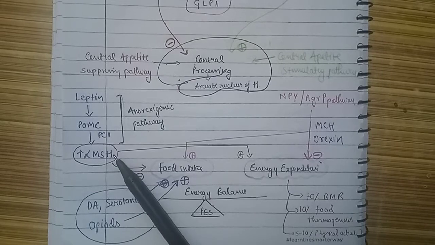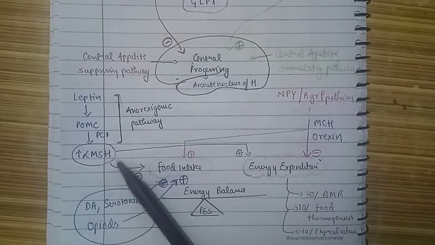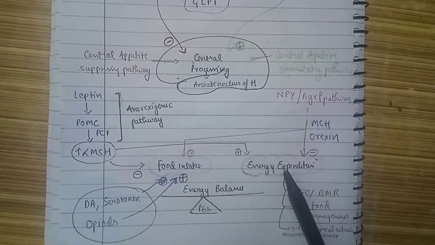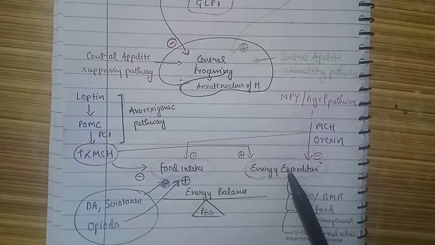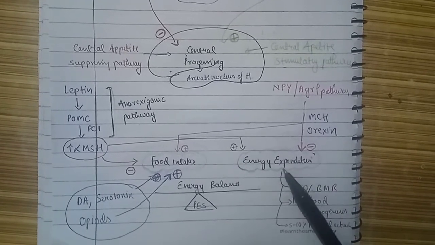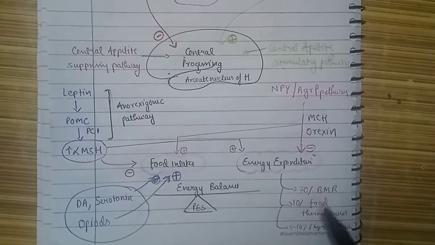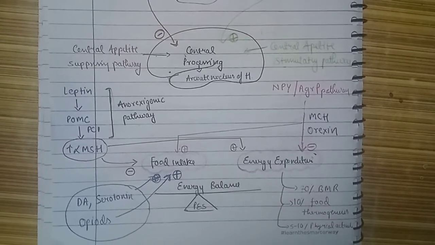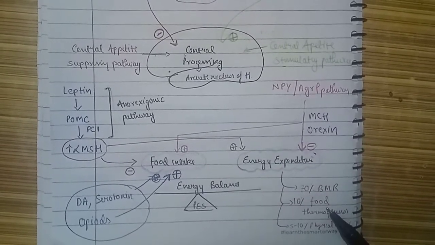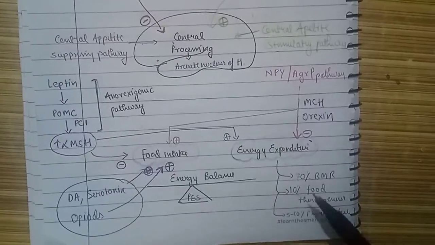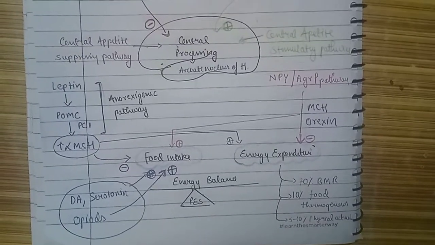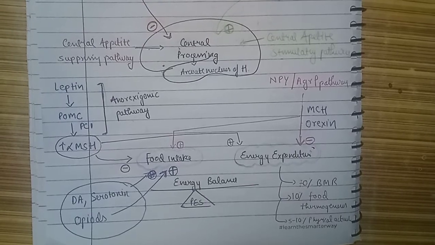The melanocyte stimulating hormone suppresses the food intake, plus it increases the energy expenditure. Okay, now energy expenditure is in three forms. The 70% of energy is consumed in maintaining the basal metabolic rate, the 10% in food thermogenesis, that is absorption, digestion of food, and 5 to 10% in our physical activity.